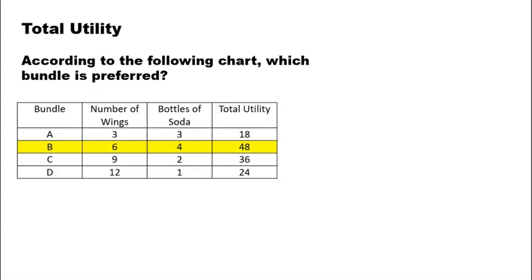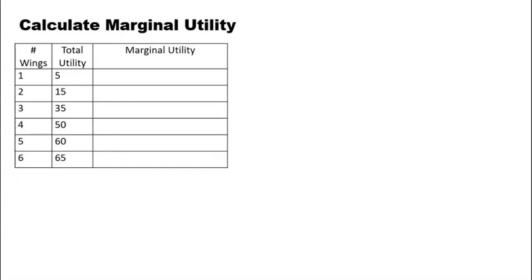Next, we will be calculating marginal utility. Take a moment to look at this chart that we are going to be working with to calculate our first marginal utility. As you can see, the wings increase numerically by 1, and our total utility goes steadily up. It increases with the number of wings.